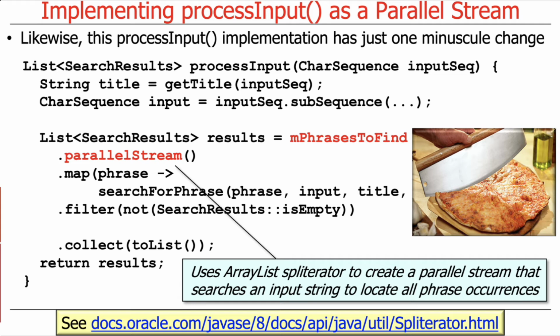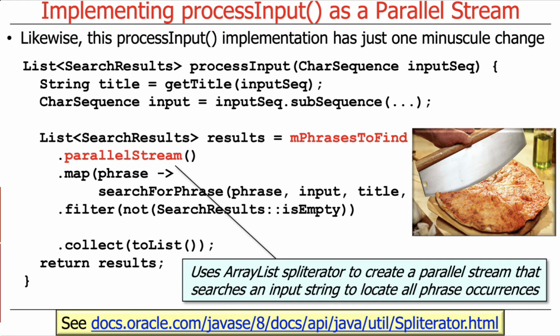Shakespeare had a lot of tragedies, of course. So you get the title, and then we extract from it the text of the work. So that's the input. And then we use mPhrasesToFind, which is a field that contains the phrases we're looking for, like all those cliches that Shakespeare liked to write so fondly.